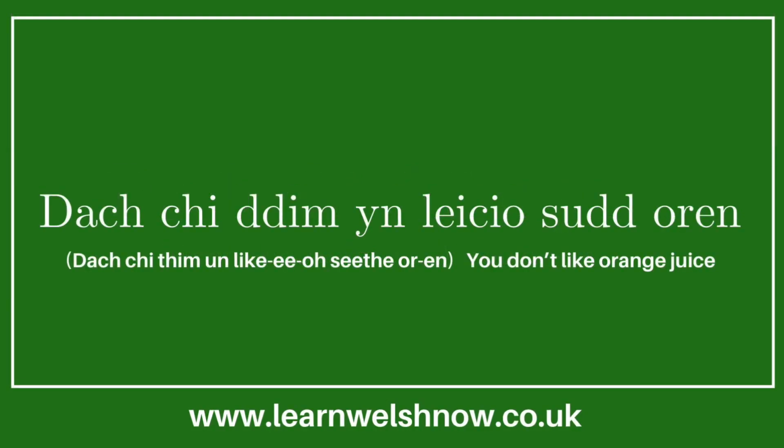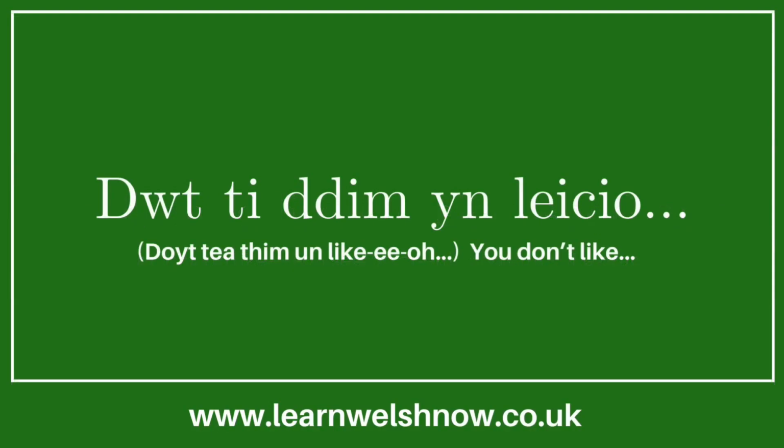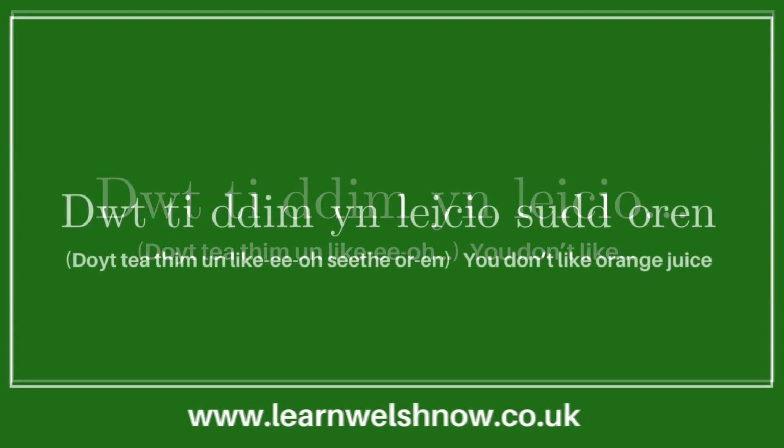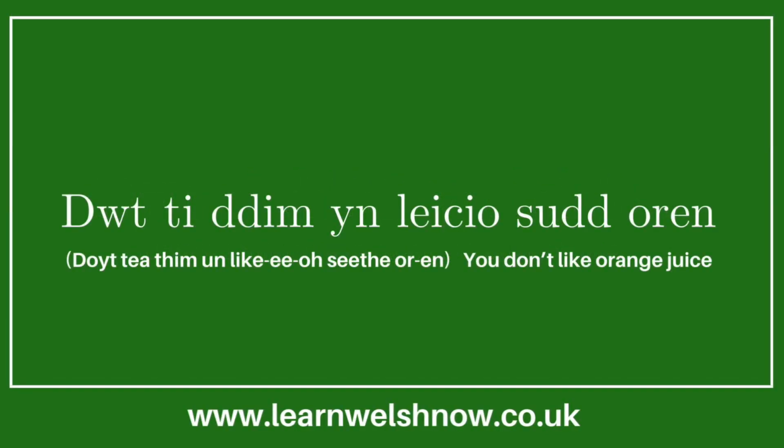Dach chi ddim yn licio sudd oren. Now the informal form. Dwyt ti ddim yn. You don't. For example, dwyt ti ddim yn licio sudd oren. You don't like orange juice.